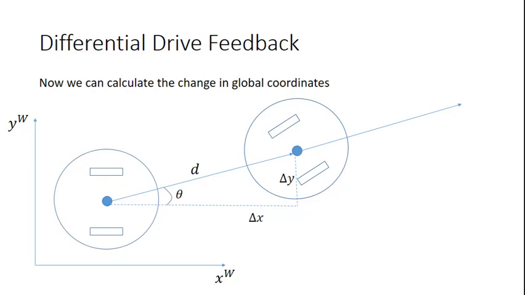So even though it may be moving on a curve, if we're measuring in 1/50th of a second time steps, we can model that distance as a straight line here. So here d is a straight line. And that's really nice because now we can just use basic trig to solve for delta x and delta y. We just have d cosine theta and d sine theta.